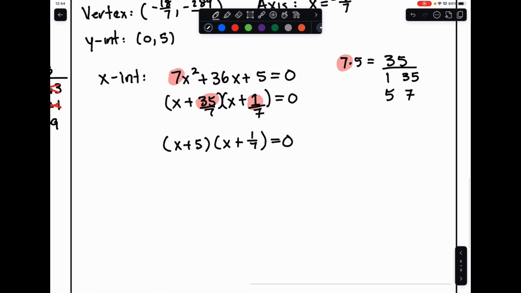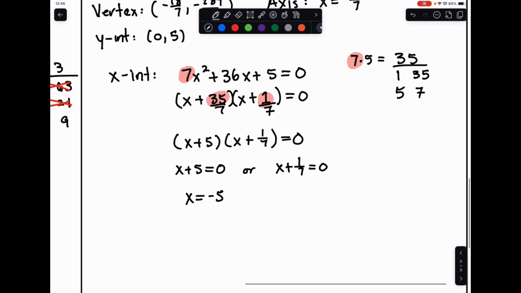So our solutions are going to be the following. Either x plus 5 equals 0 or x plus 1/7 equals 0. The opposite of adding 5 is subtracting 5, so 0 minus 5 is negative 5. And the same thing with the second equation, x plus 1/7 equals 0: the opposite of adding 1/7 is subtracting 1/7.